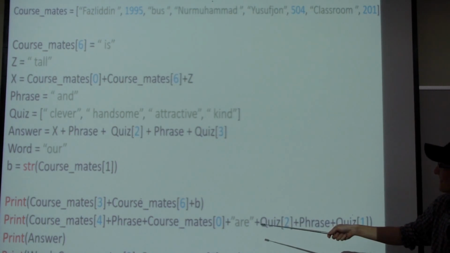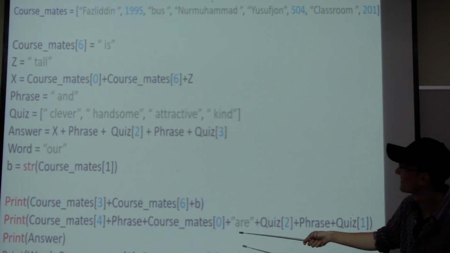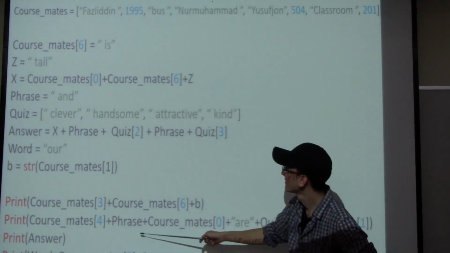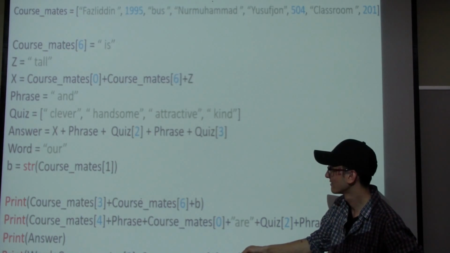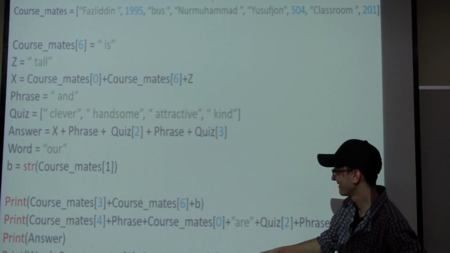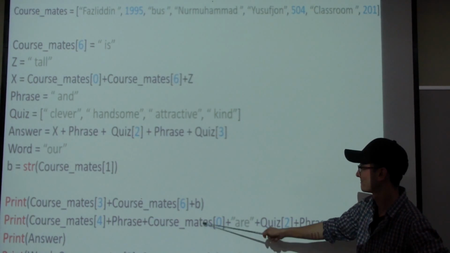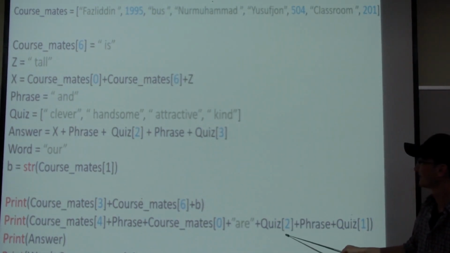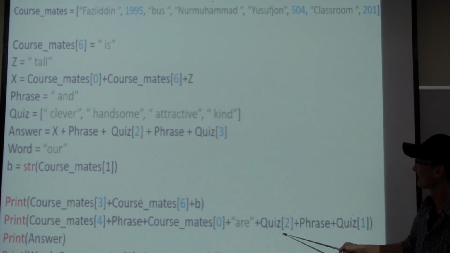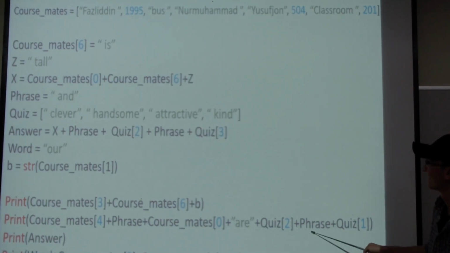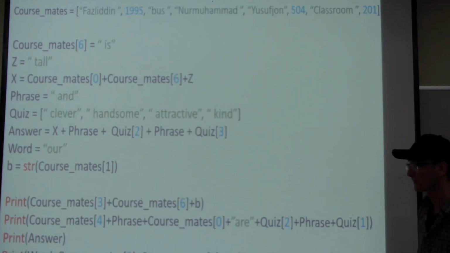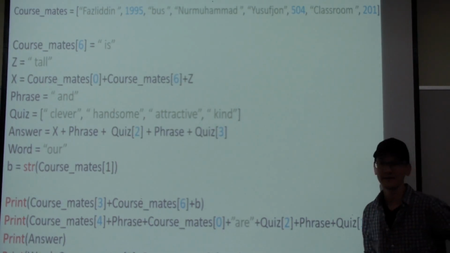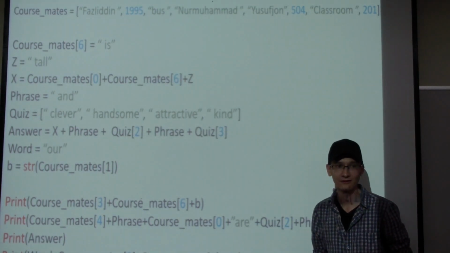The second one: John and Hazırcan are attractive and handsome. And you, attractive and handsome. Instead of phrase. Yes, this answer is true.